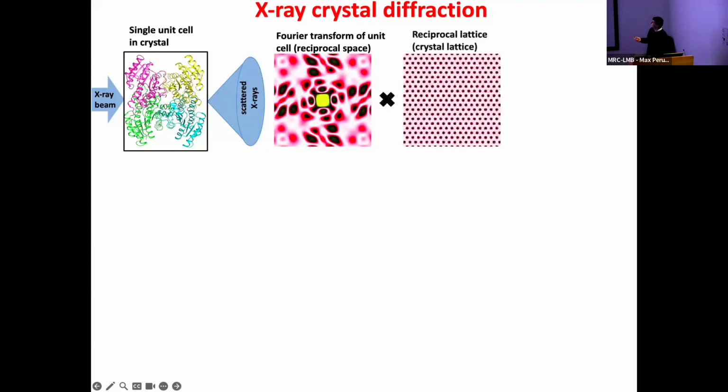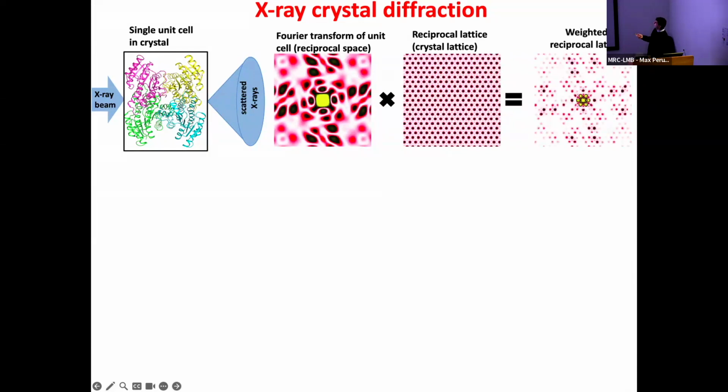How does that work? Because of the nature of the crystal, with billions of unit cells, the signal gets amplified over a reciprocal lattice. But the payoff of this diffraction is that you're only going to see scattering or diffraction where the lattice points are.